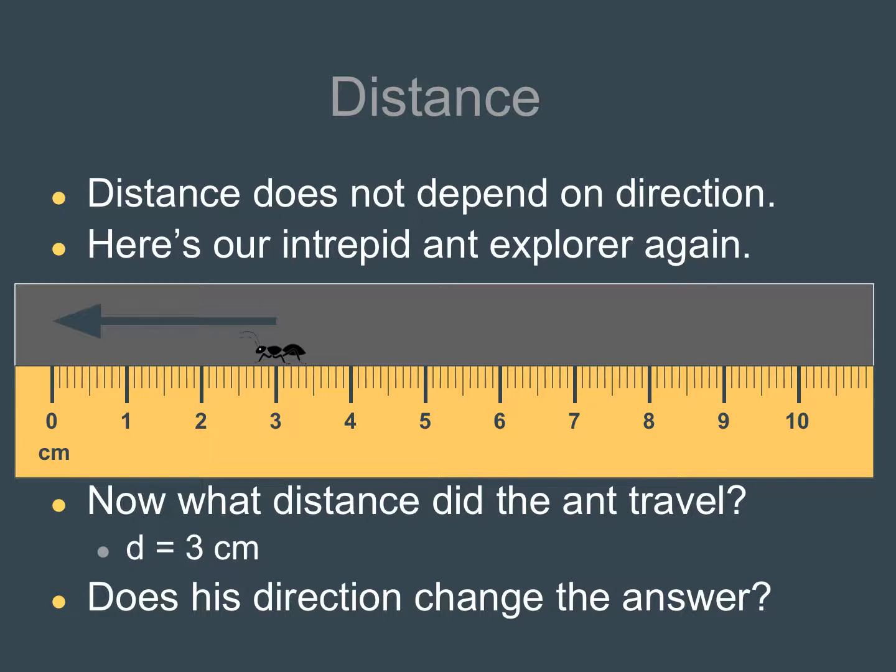Okay, so here's our ant again. He starts at 3 centimeters and he goes this way, and he ends at 0. He traveled a total of 3 centimeters. Okay, the thing with distance is his direction, whether he's going forward, backward, right, left, north, south, east, or west, doesn't matter. It's just the total amount that he travels.